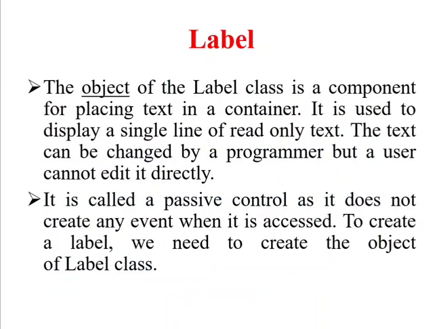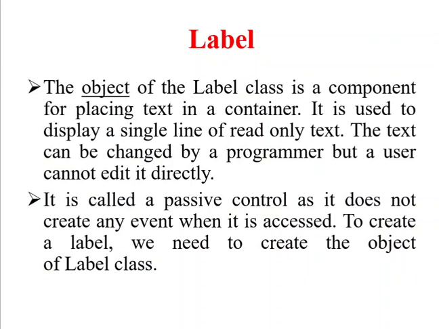A label is represented by a JLabel object, which can be constructed with a parameter specifying the label text, that is JLabel label = new JLabel("This is a label"). So the label is formed with the name "This is a label". This is the label class declaration: public class Label extends Component implements Accessible.